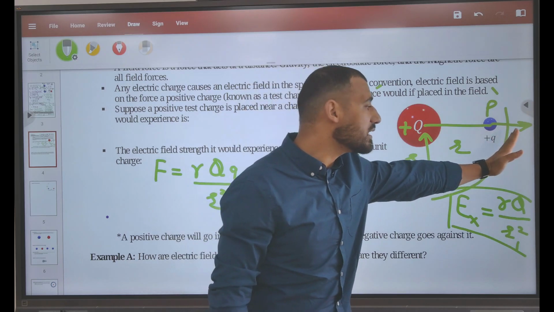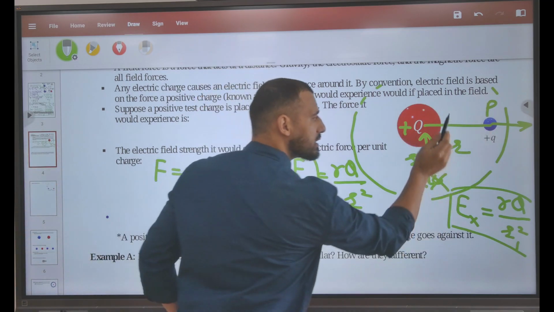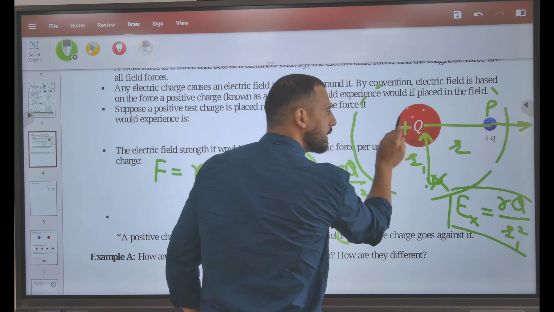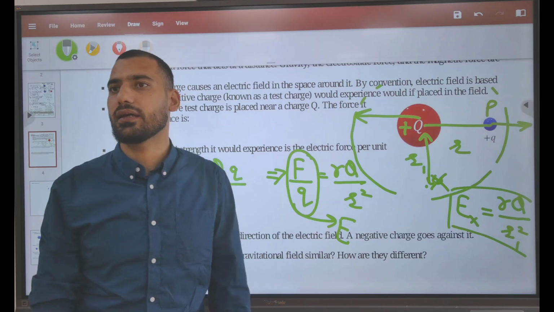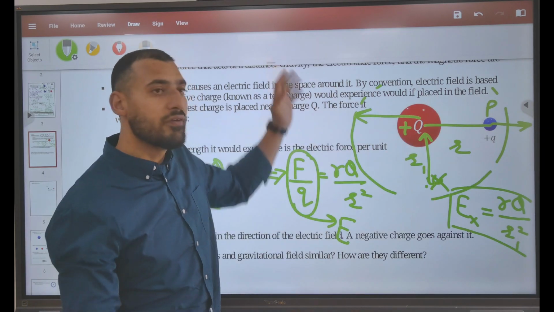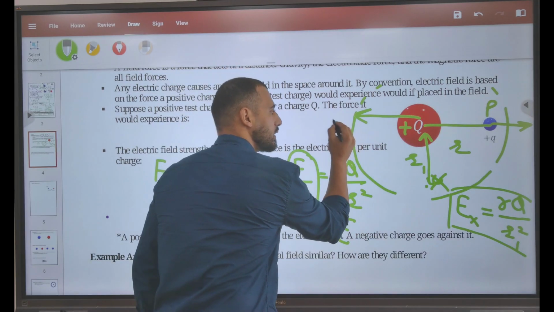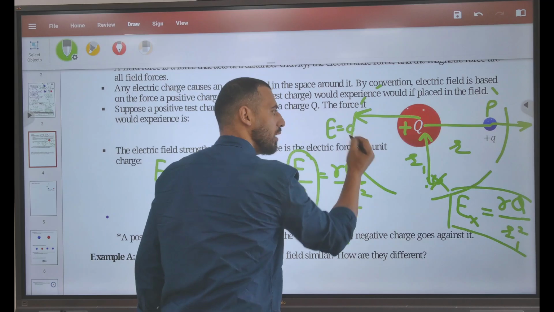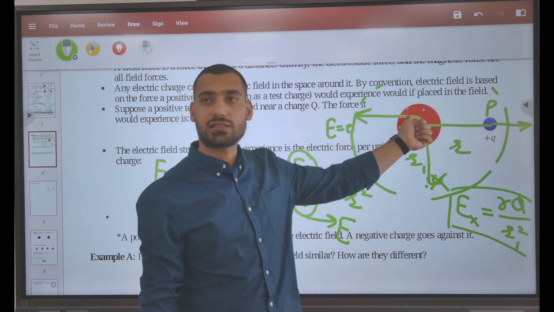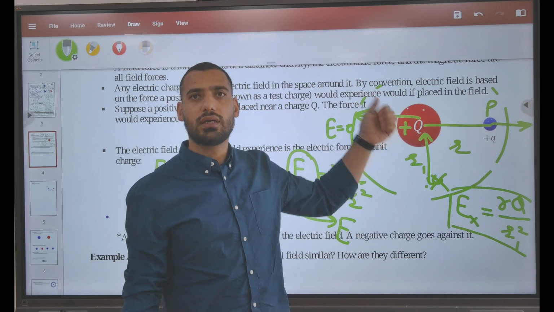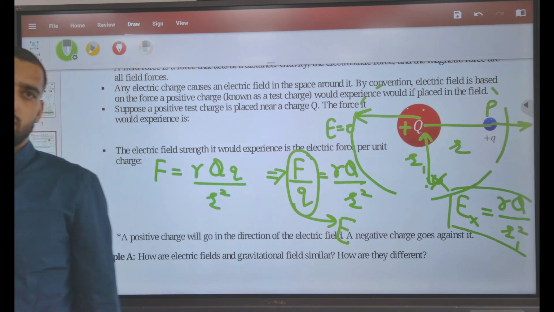Because after this point there is no influence, there is no modified space. So modified space starts from this point and it decreases radially outwards. When you go away, the strength decreases and the electric field is zero outside the boundary. So it must be maximum here, and when you go out, it must decrease.